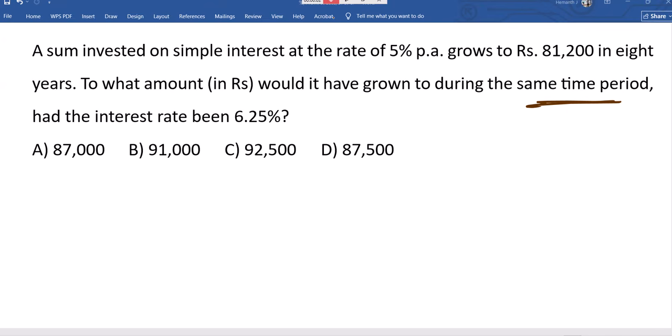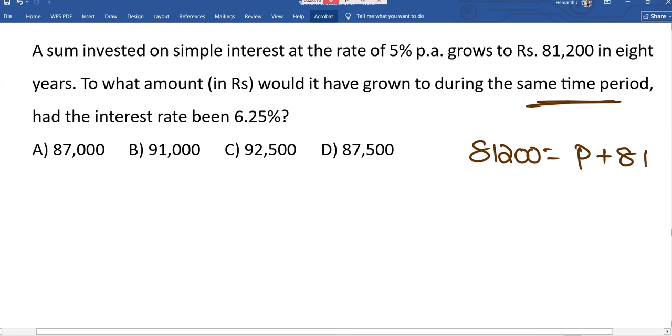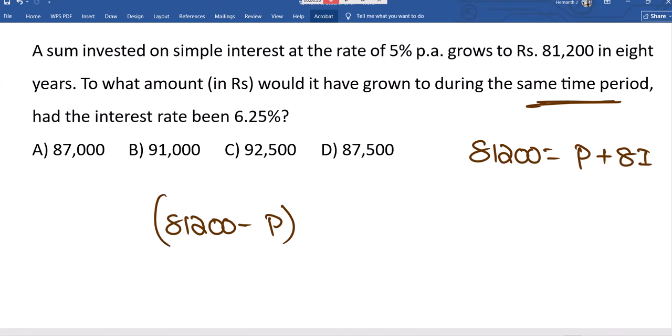Now, in the simple interest concept, I equal to PTR by 100. Here, this 81,200 is principal plus 8 years interest combined all together, right? So, you want interest, that means 81,200 minus P. I equal to P, time is 8 years, rate of interest 5 divided by 100.